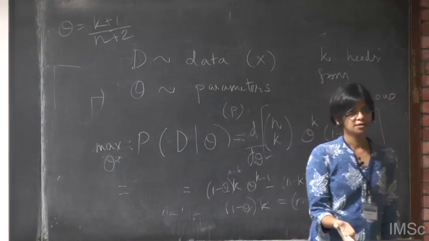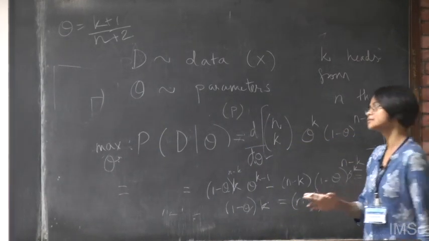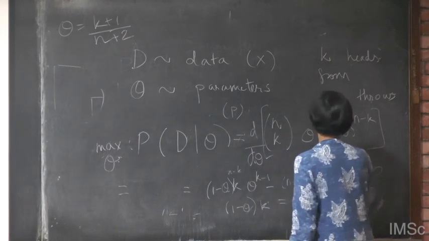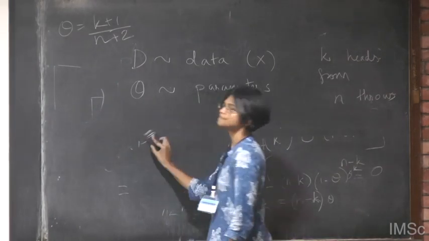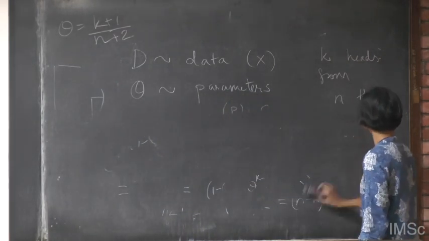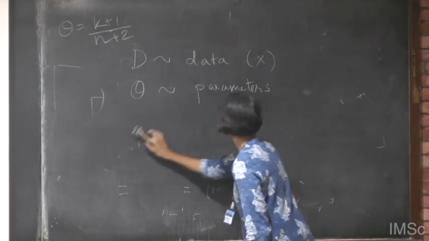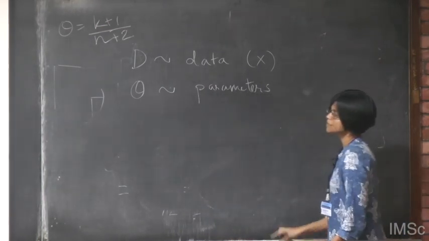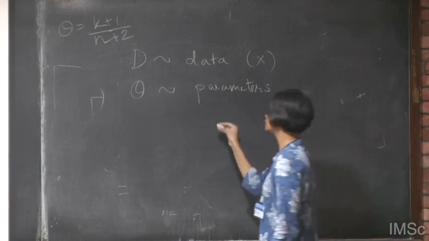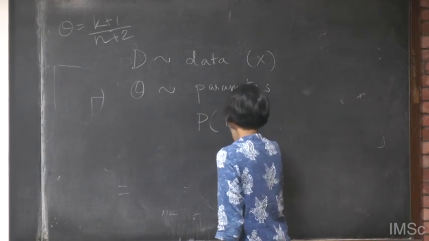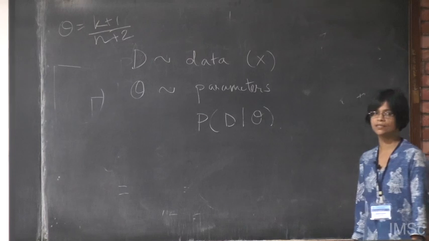If you do this, it's called not maximum likelihood. What is it called? Has anybody done this? So what we maximized earlier was the probability of data given theta.